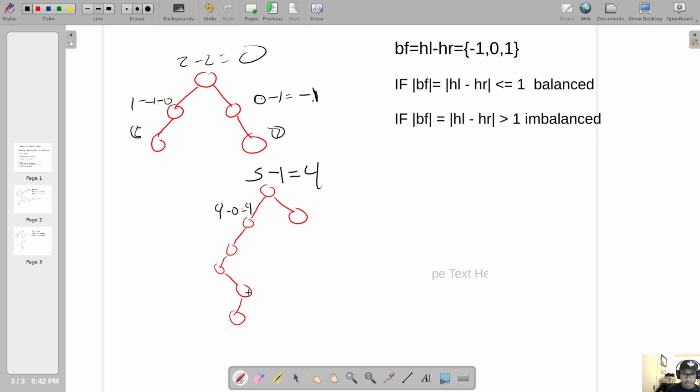This one here is 3. And this one over here is 2. You get the pattern. This one here is 1. This one here is 0. And this one here is 0. As you can see, this tree is imbalanced.